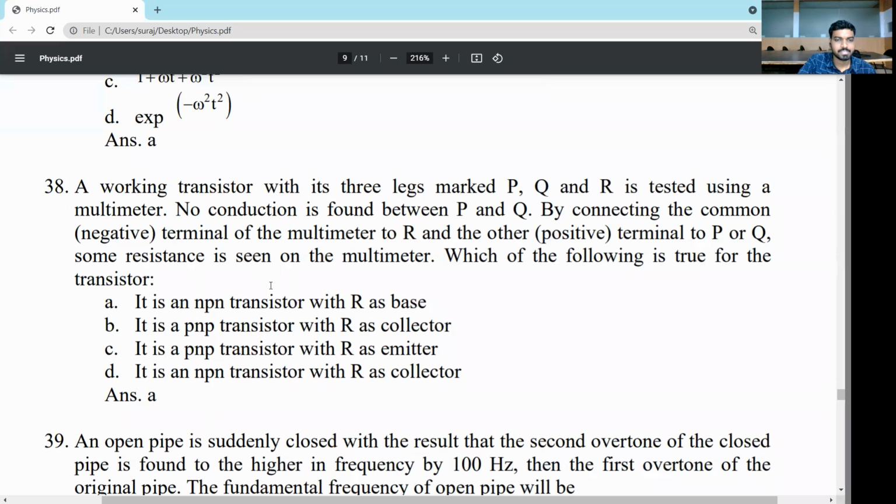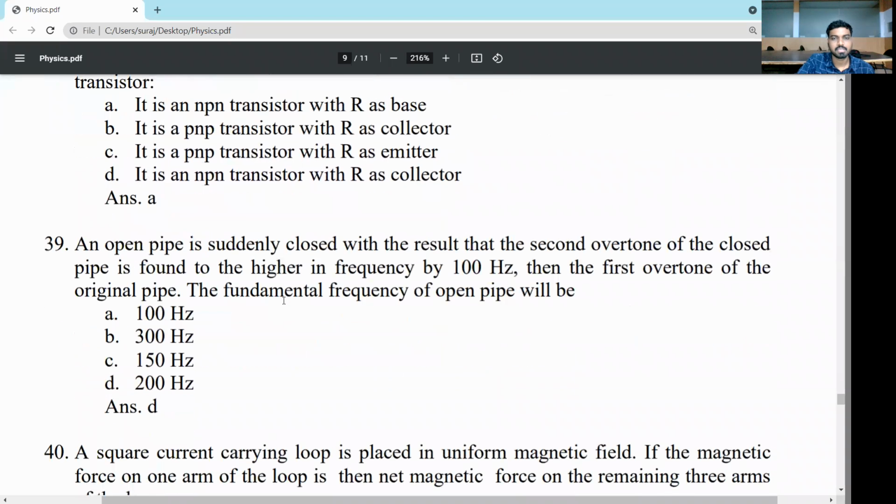An open pipe is suddenly closed with the result that the second overtone of the closed pipe is found to be higher in frequency by 100 Hz than the first overtone of the organ pipe. The fundamental frequency of the open pipe will be.